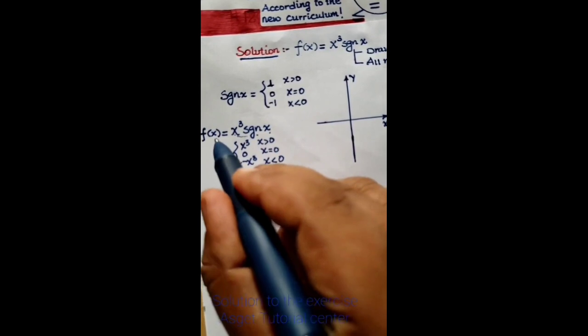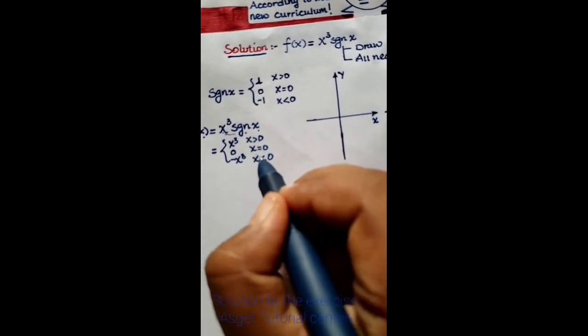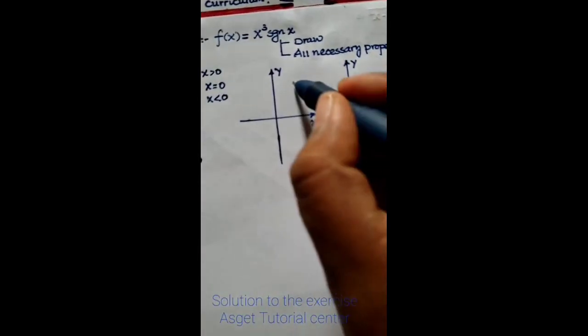Now as you can see, f of x equals x cubed sine mx has three components: y equals x cubed, y equals 0 and y equals -x cubed.